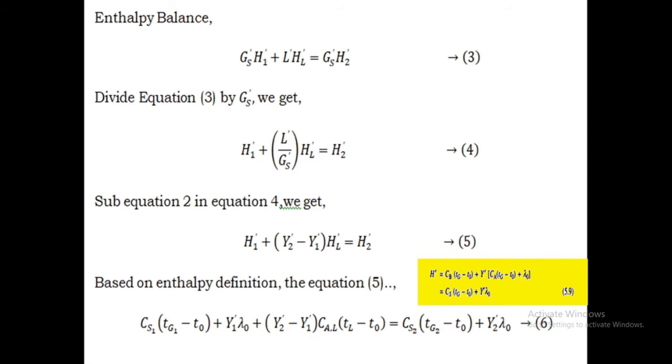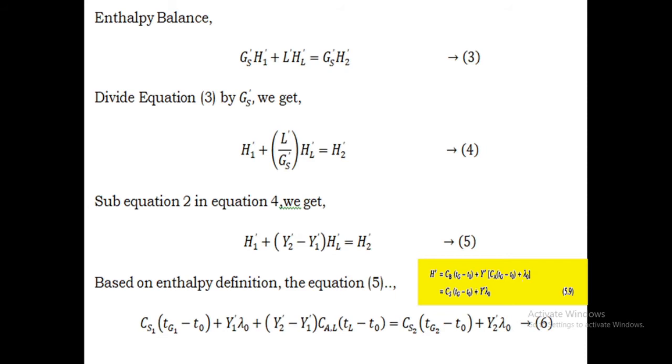L' is equal to Gs' into Y2' minus Y1'. So instead of L' we have to use Gs' into Y2' minus Y1'. Gs' is cancelled. Finally we get H1' plus Y2' minus Y1' into HL' is equal to H2'. This is the fifth expression.